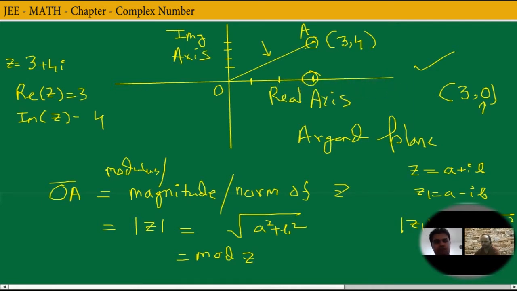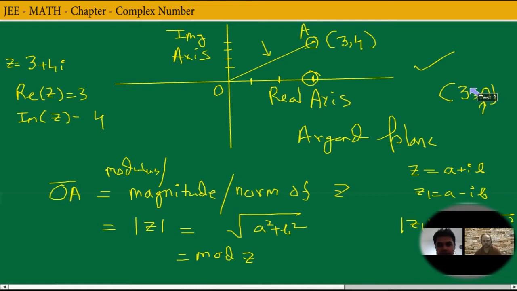So you can take a note in your copy that in the Argand plane, real numbers lie on the real axis.